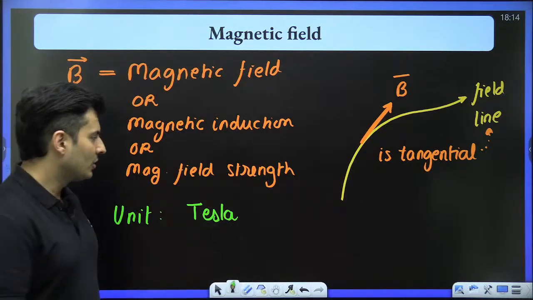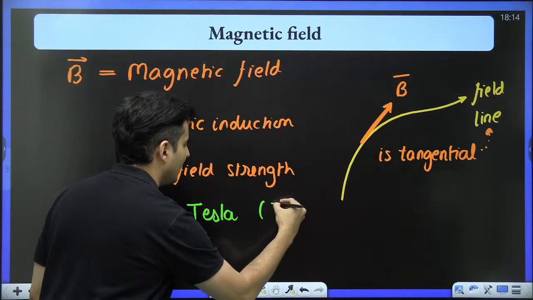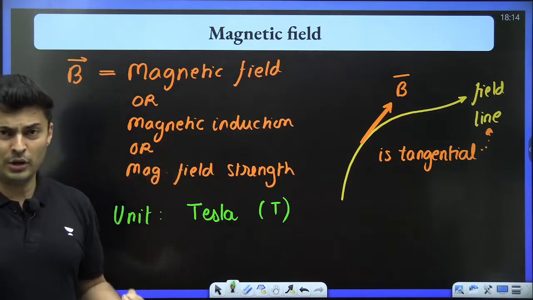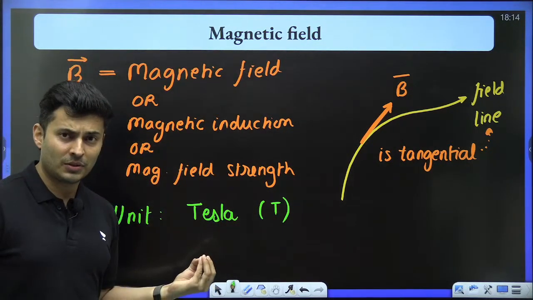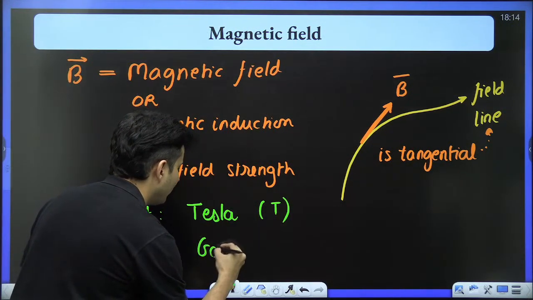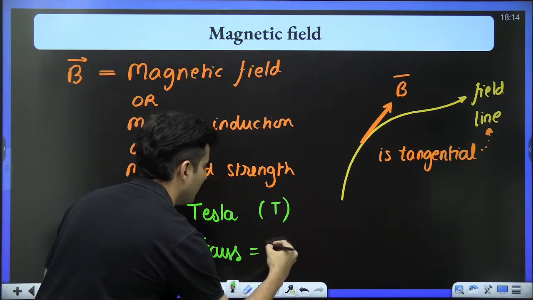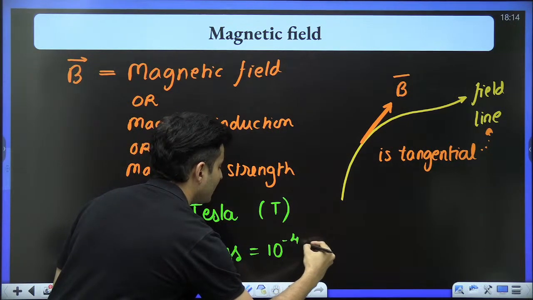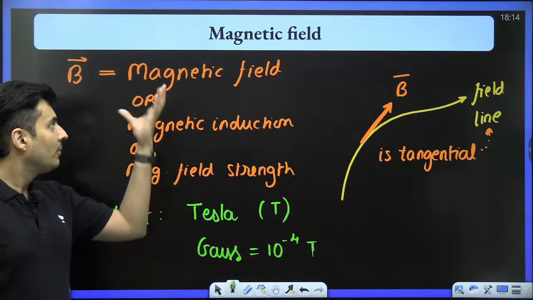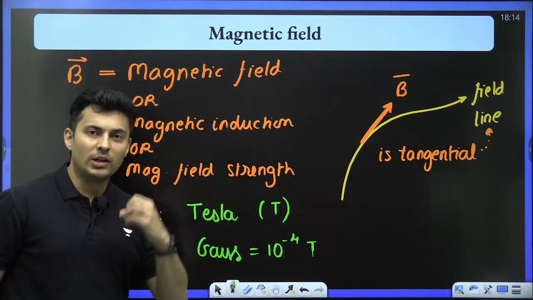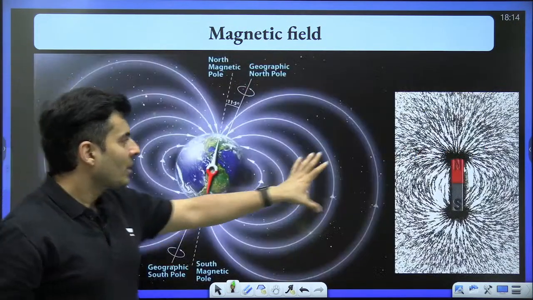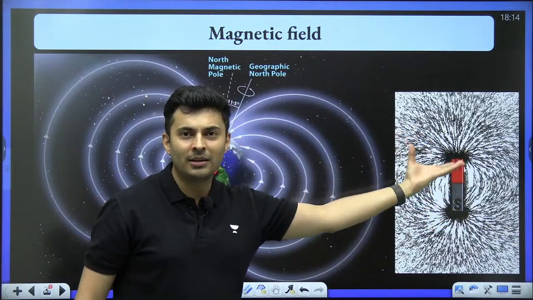So the short form of that is basically capital T. There is one more unit, very rarely used, and that is basically Gauss. One Gauss is basically 10 to the power minus 4 Tesla. So Gauss is also a unit of magnetic field, but it is a very small unit. When you take a bar magnet, do you know how much is the magnetic field around it?